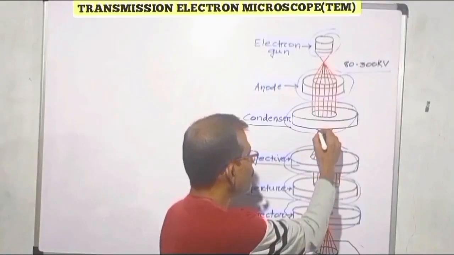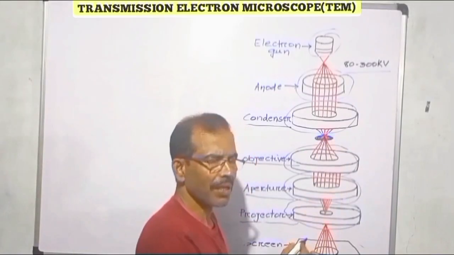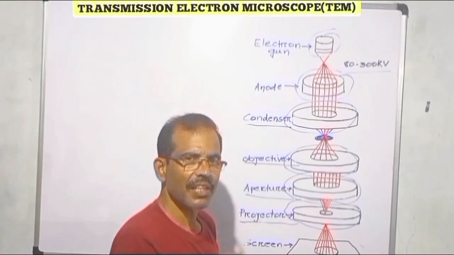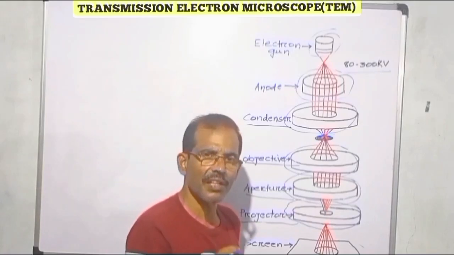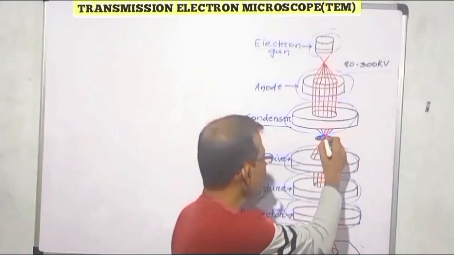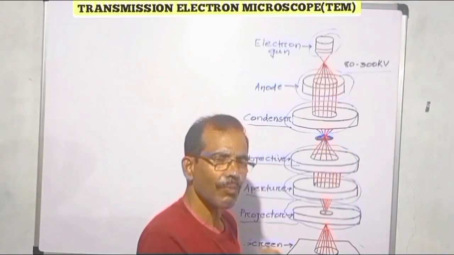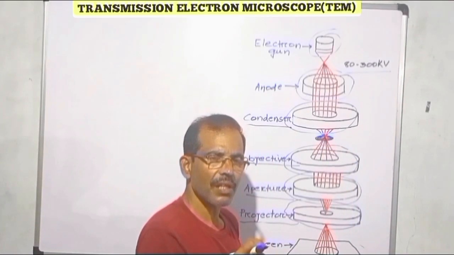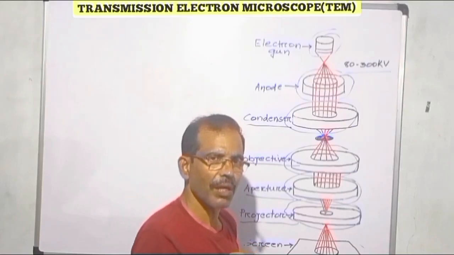When the electron beam strikes the specimen, denser areas scatter more electrons, creating contrast. On the other hand, thinner areas of the specimen allow more electrons to pass through. These areas appear bright in the image.